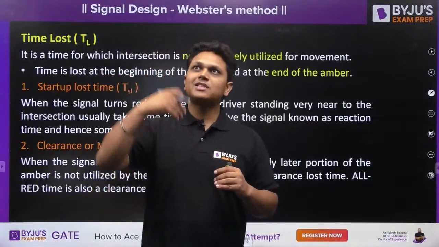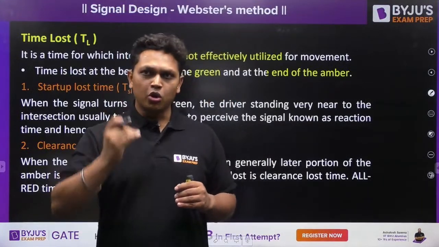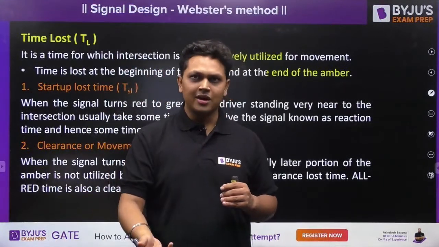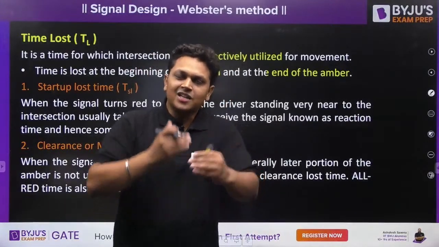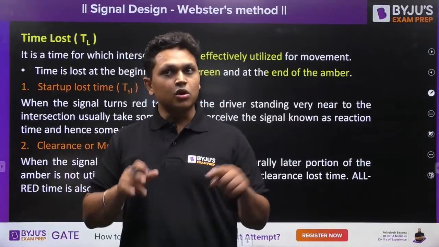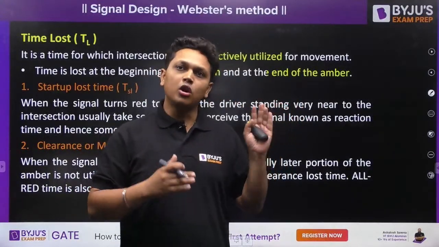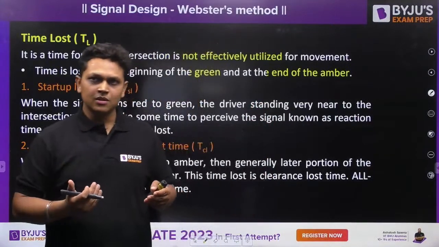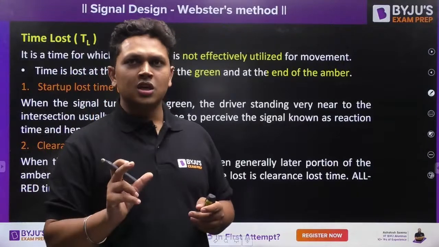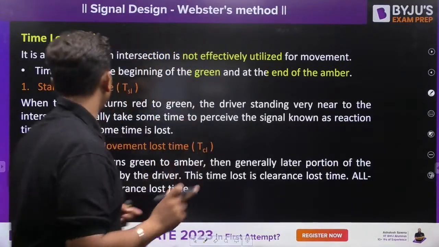You will perceive the signal, there will be emotion, then there will be volition, so it will take 2 to 3 seconds to act. This reaction time is lost because the traffic is not moving during that time. You are not utilizing the green time because there is some reaction loss. So this time lost during the starting of the green time is referred to as startup time lost.